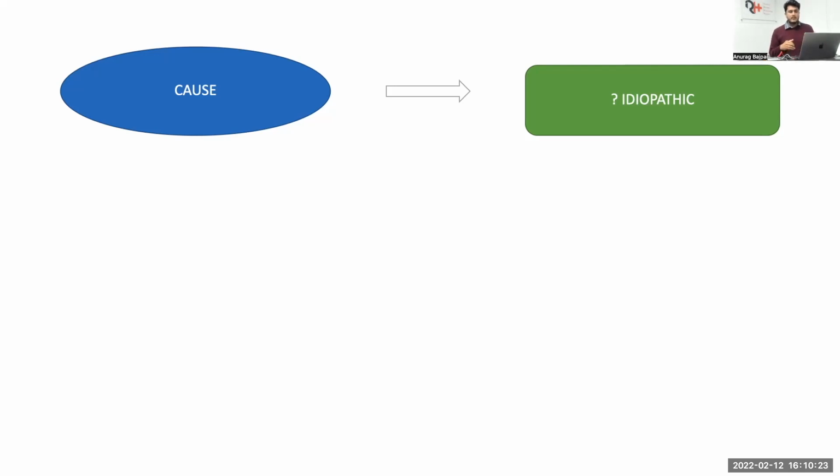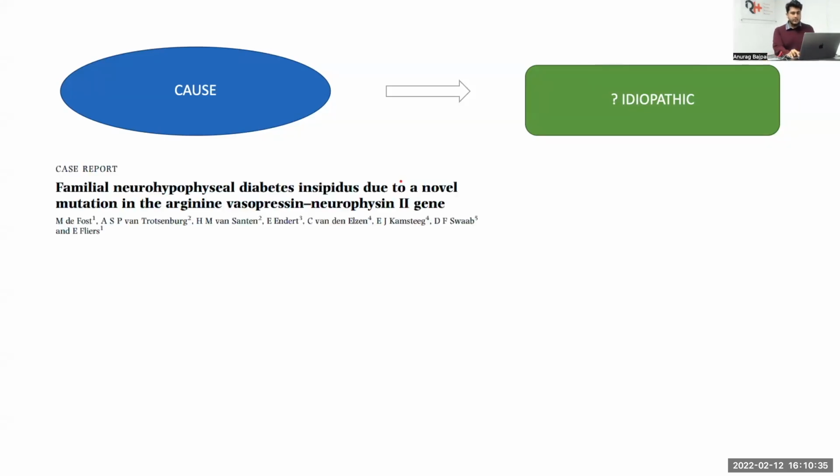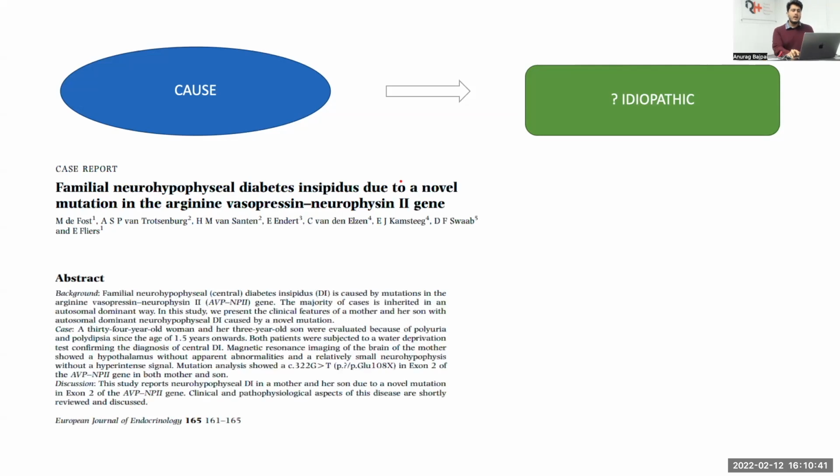Considering that it was too early to start with, and there was no presence of any malformation, and nephrogenic DI was ruled out, we went through a few case articles where the patient was diagnosed with an NPS2 defect, and it was quite similar to the case we are presenting now.